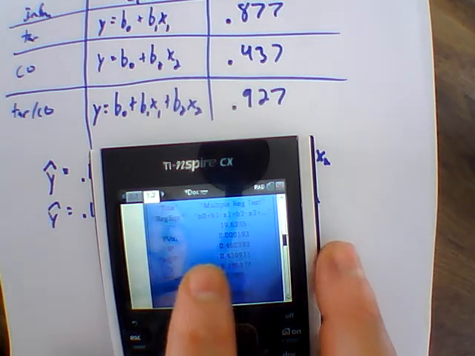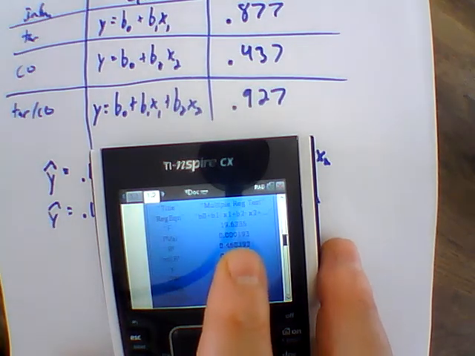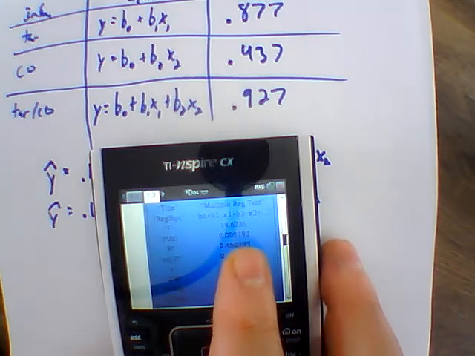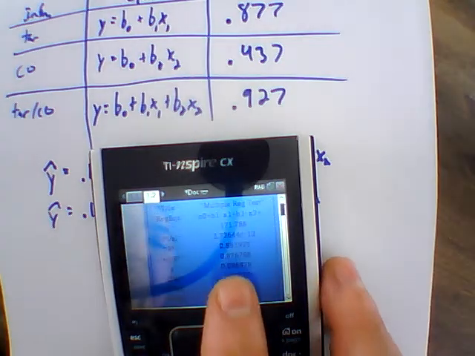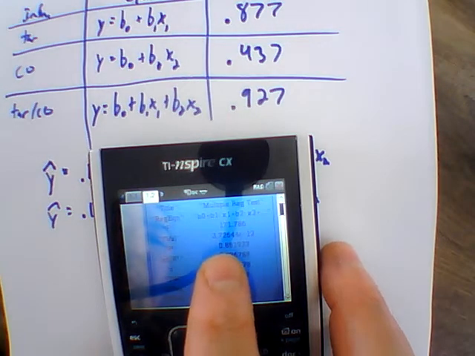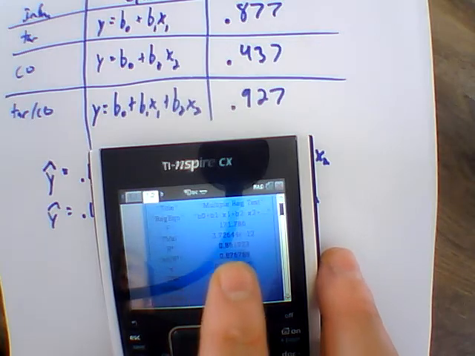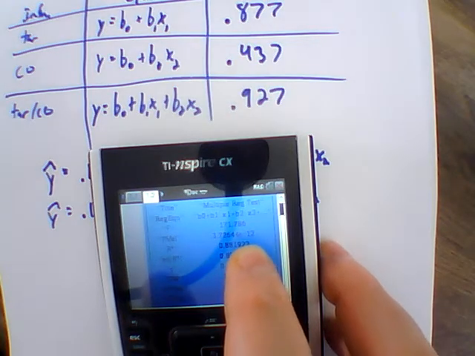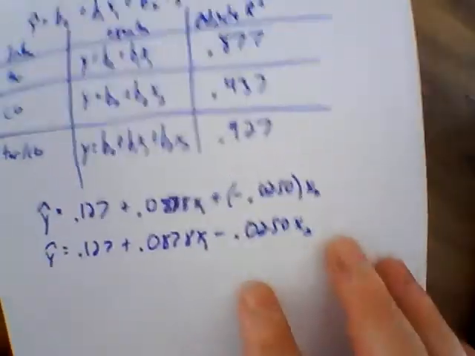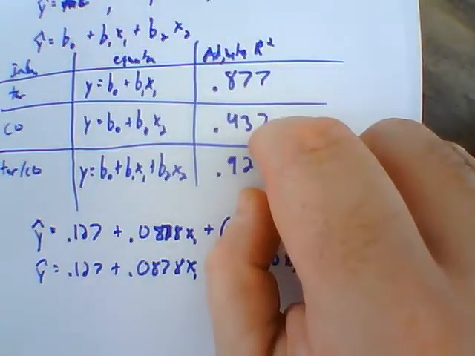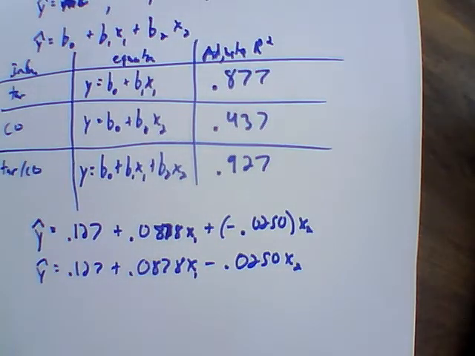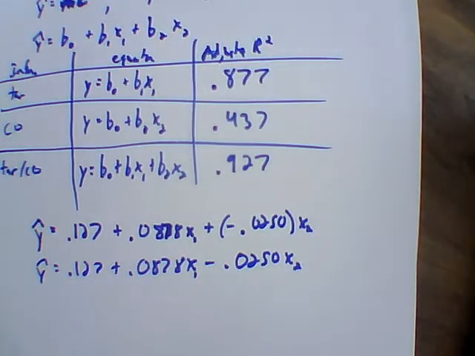If I come back up here, my p-value for this one was 0.000193. My p-value here was 3.7 times 10 to the negative 12th. So it's making sense that these are both close, but because those p-values are all extremely small, I would say that the adjusted R squared is really what we want to look for. That is the best indicator for this.